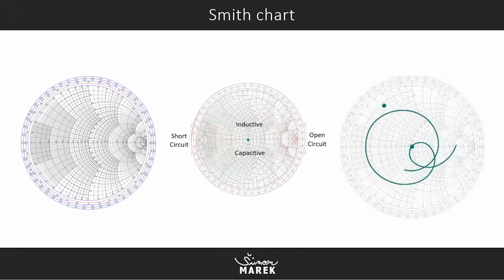So here is our Smith chart. It really tells us how our circuit operates. There is open circuit on the right side, and on the left side there is short circuit.